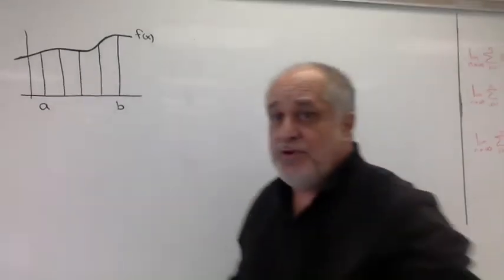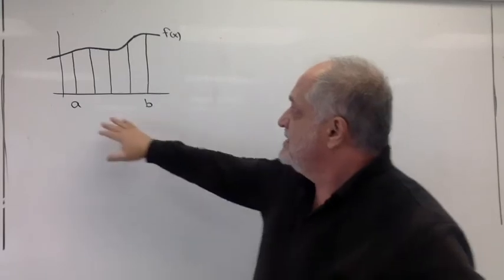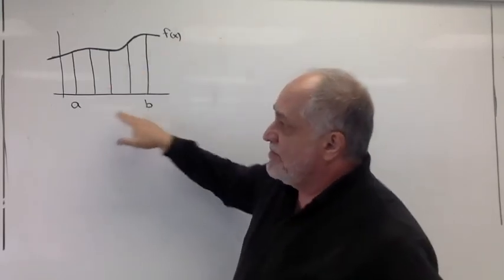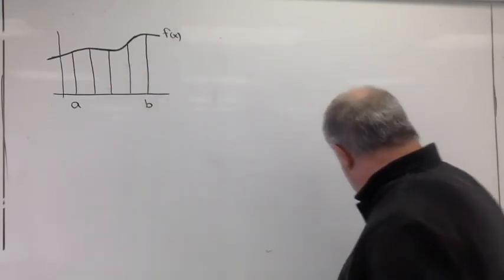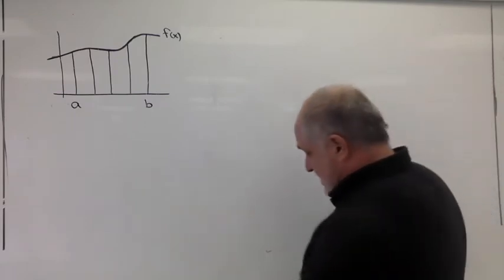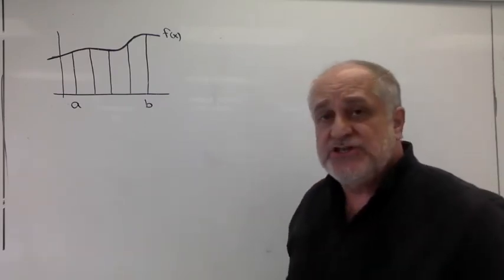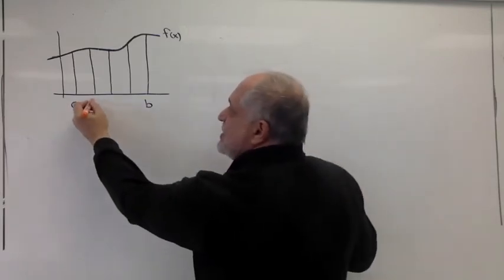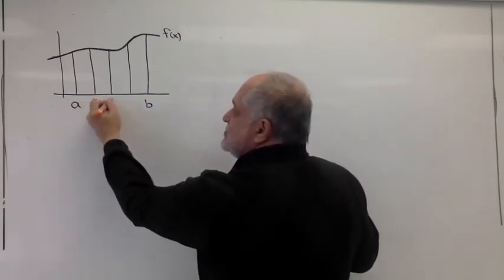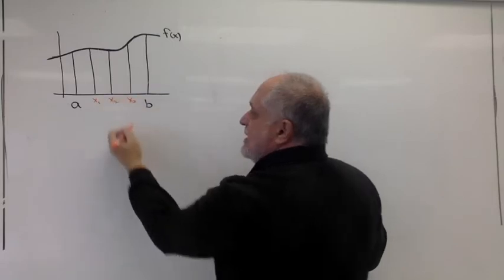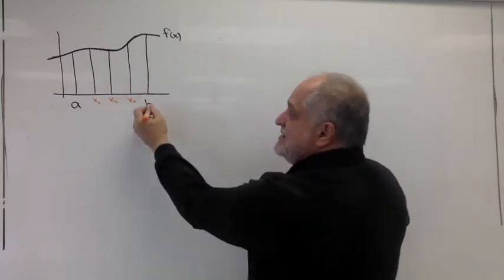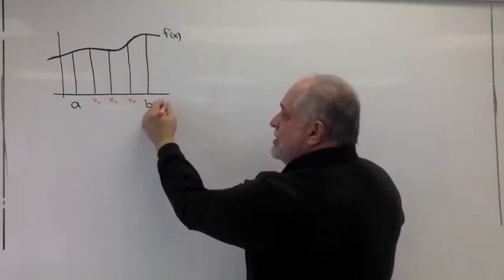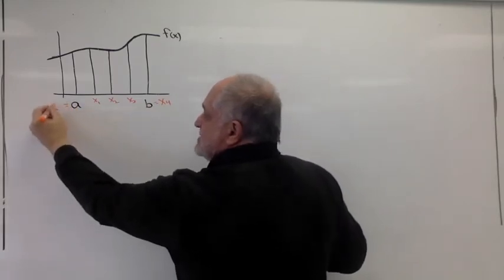Okay, we want this area of this function from A to B. First of all, we're going to divide this up into partitions. And just like before, we're going to choose 4 partitions. So this we're going to call x1, x2, x3. And just for completeness' sake, this is actually going to be x4, and this a would be x0.